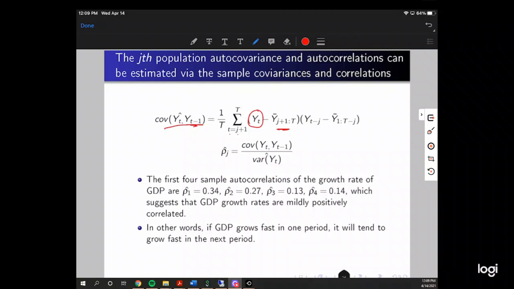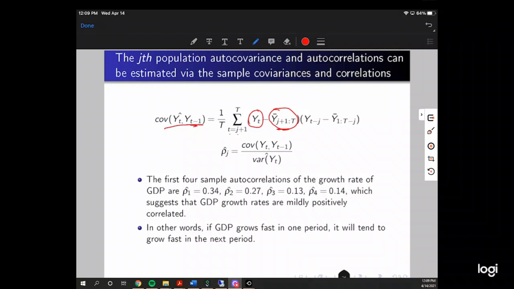So in practice, this is going to be like y 1 plus 1 all the way up to the T, the mean over all y values less than t.